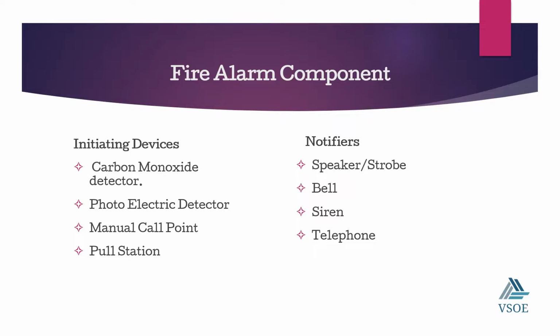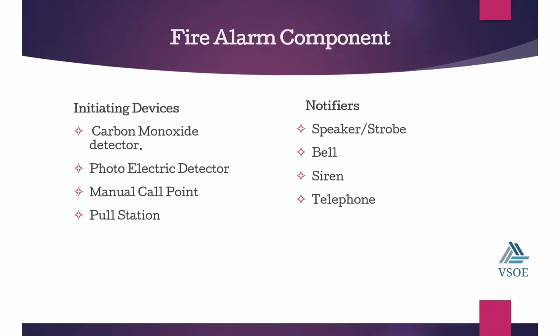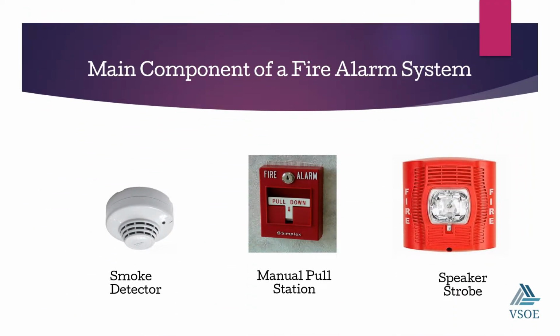We have something like an electric or a photoelectric detector, manual call point, and pulsation. On the notification side, we may have speakers, strobes, bell, siren, and telephones. All right, so next, I'm going to show you a vivid illustration of these components.